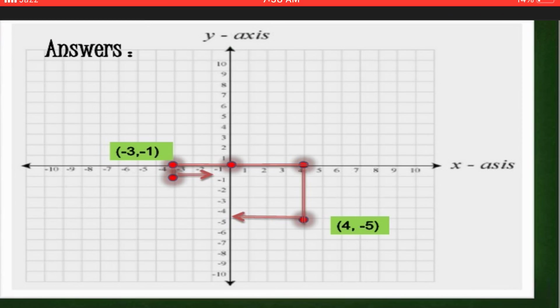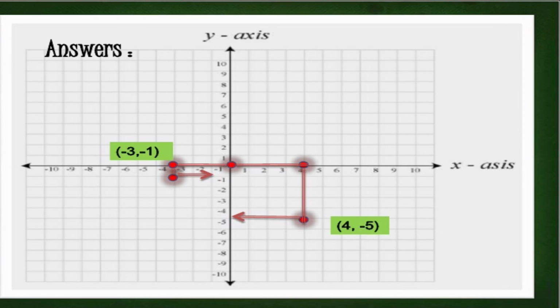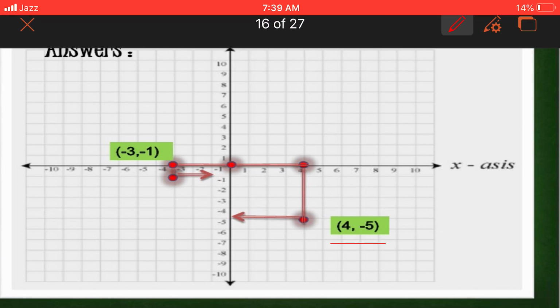Let's reveal the answer. Look at this, (4, -5). We will take 4 on the x-axis, that is 1, 2, 3 and 4, and on the y-axis we will go down 5 units because 5 is negative, 1, 2, 3, 4 and 5. The 5 and this 4 will meet at this point, so it is your (4, -5).